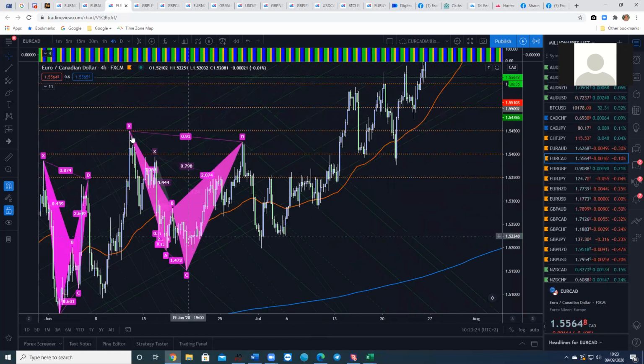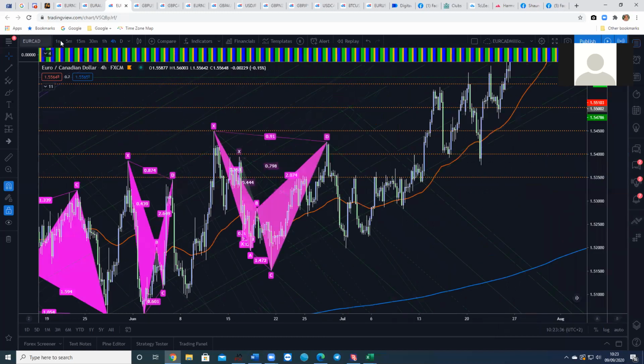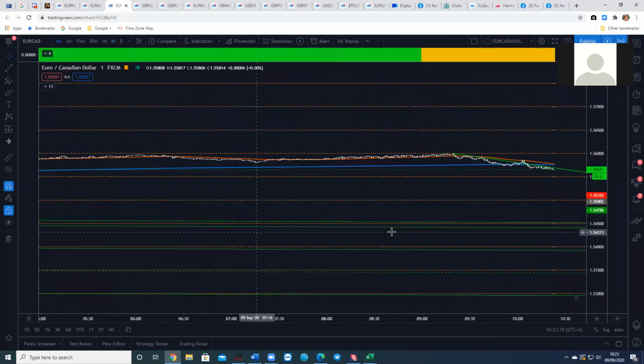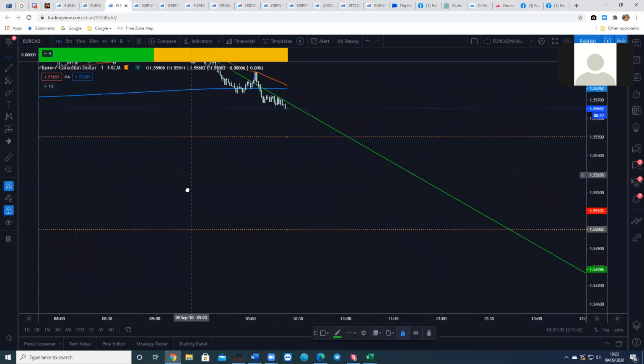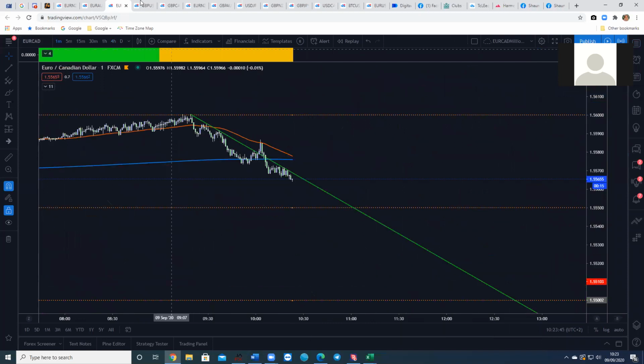Possibly this one, but I won't do that for us at the moment because it means fiddling around a bit, and we probably want to look at trade setups. So that's Euro CAD. Can't do anything with that.